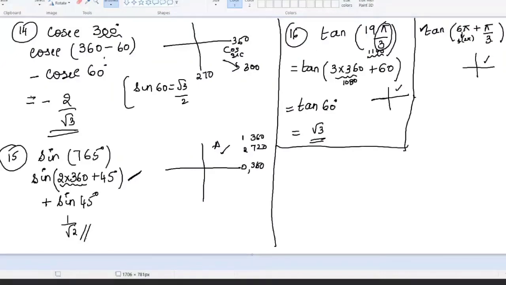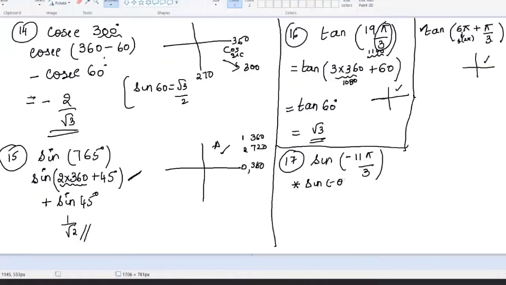So let's work out question number 17. Question number 17 tells us sine of minus 11 pi by 3. Now, quickly, before you work it out, listen. You know sine of minus theta.